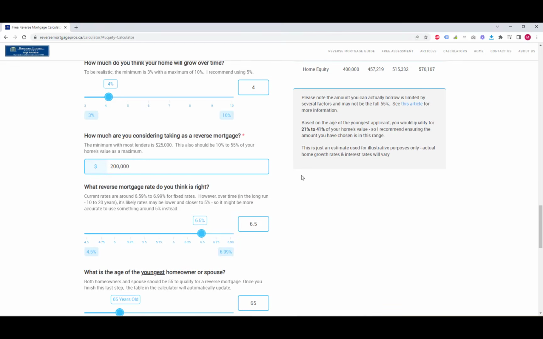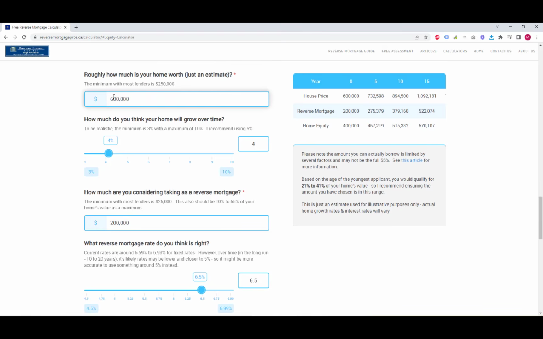And then when you put this in, this paragraph here is going to update and tell you what the range is. So 21 to 41% is what I would expect somebody with the youngest applicant at 65 to receive as a reverse mortgage. Why is this important? We had the home set at 600,000 and the reverse mortgage at 33%, a third, at 200,000.